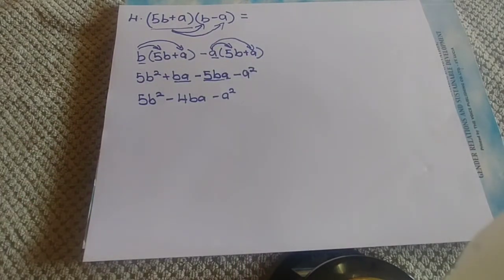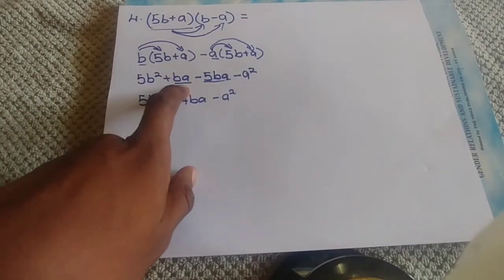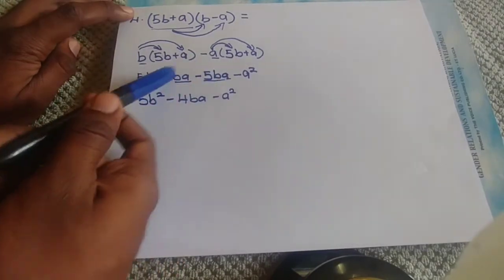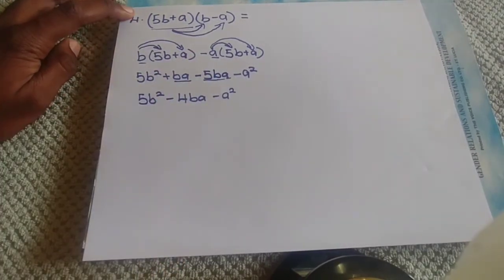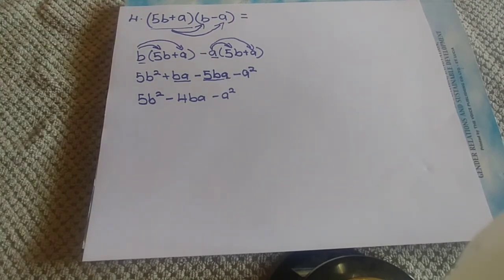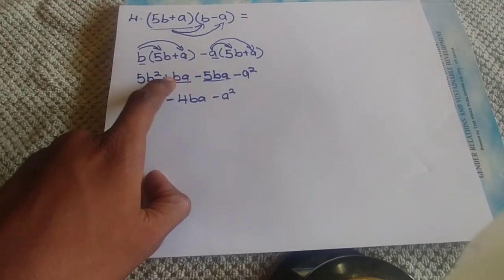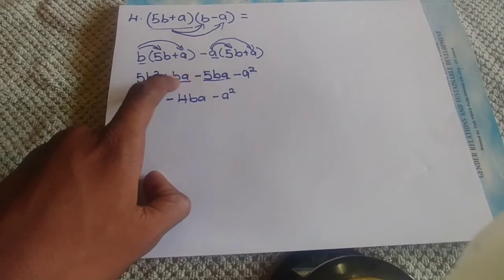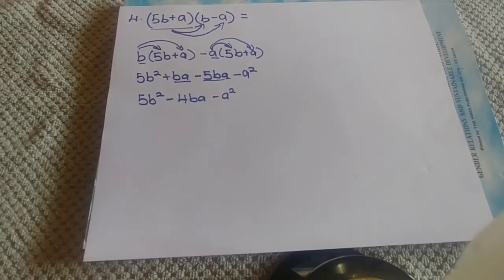Now, it might not be obvious that these two are like terms, but like I said earlier, you can treat two things as though they are one. So you can treat the b and the a as though they are one thing. So let's see, b and a come together to make what can it make?